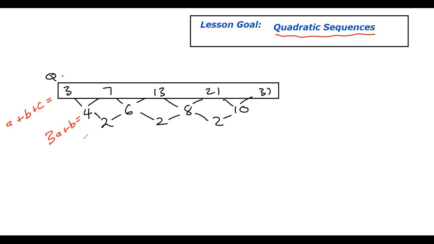And we then make the last one, 2A, equal to the third difference. All right, so this is quadratic sequences. You solve for each of them. So you solve for A, you solve for B, and like that.